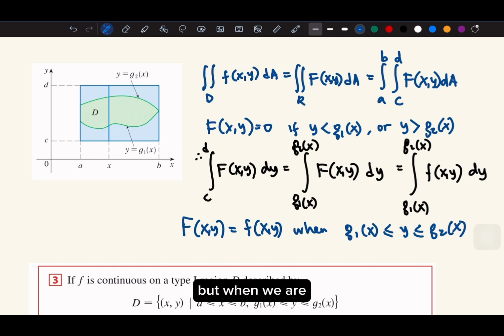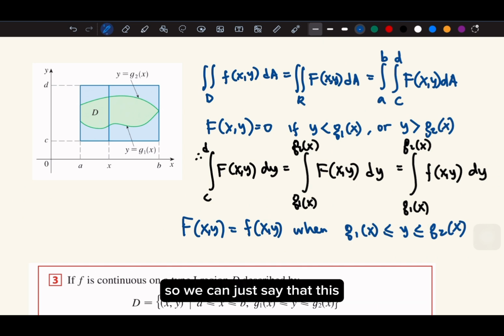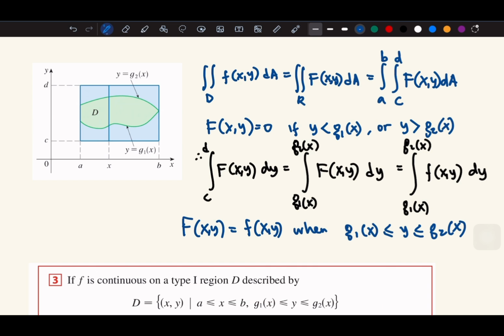But when we are in the blue area, we set it equal to 0 because we only care about the D. So we can just say that this dy for cd, like this one here, we can equate to this new function F, and it's actually equal to this small f that is going to be evaluated from g1 to g2. Okay, so that is how it goes for the definition.